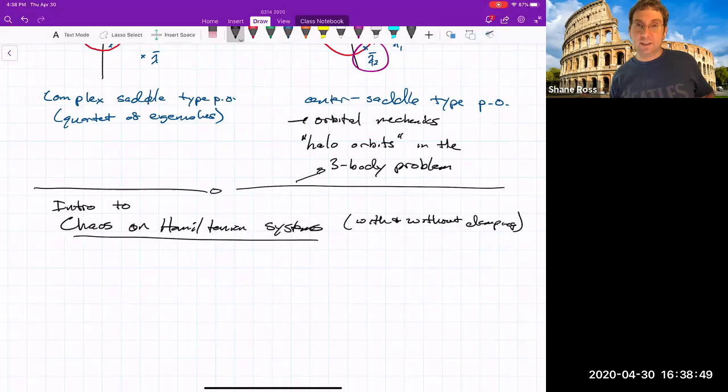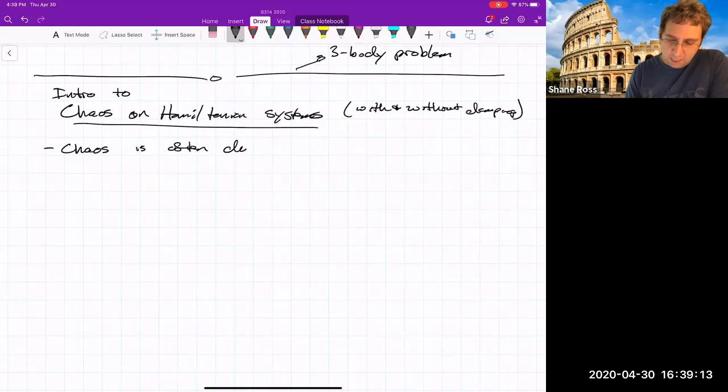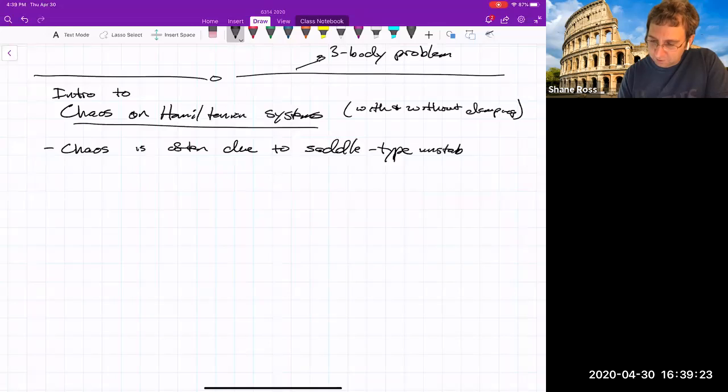So I'll look at a time periodic system, the Duffing system. Remember the ball moving on a track that's shaken at a particular frequency with a particular amplitude and with damping present. I'll just state up front that chaos is often due to saddle type unstable periodic orbits.